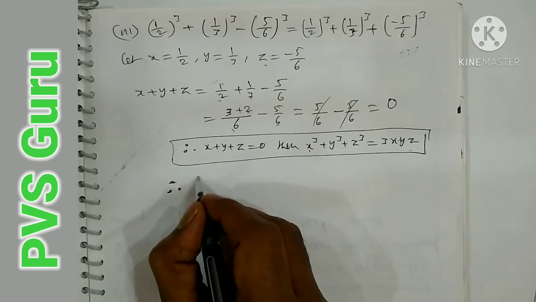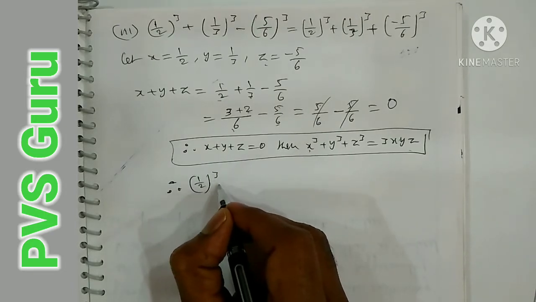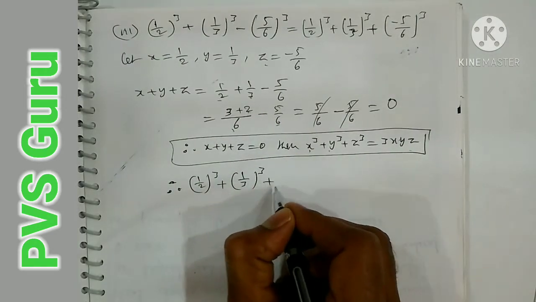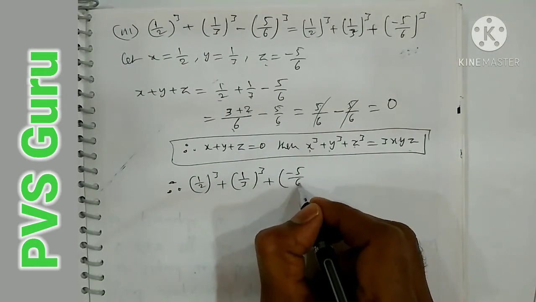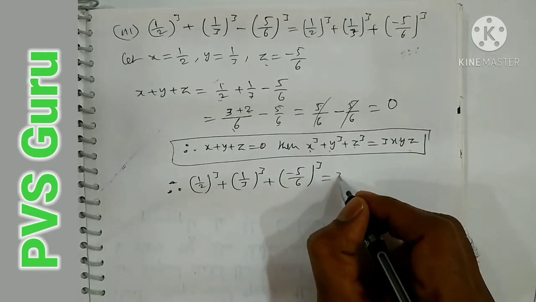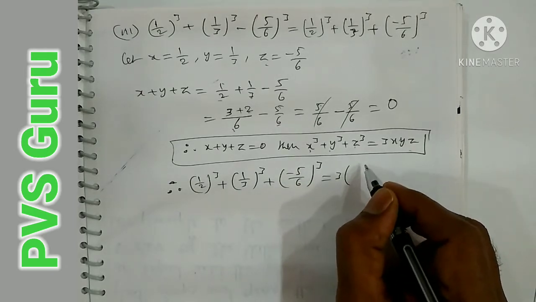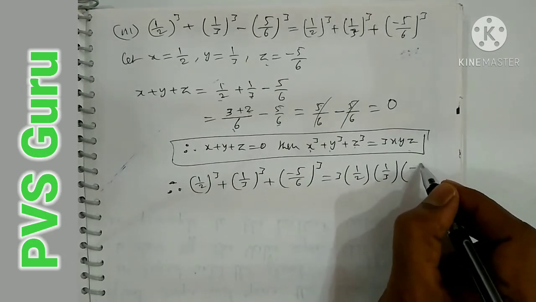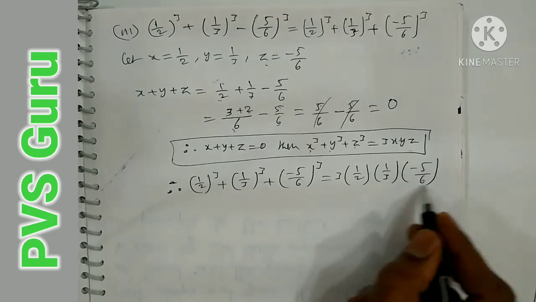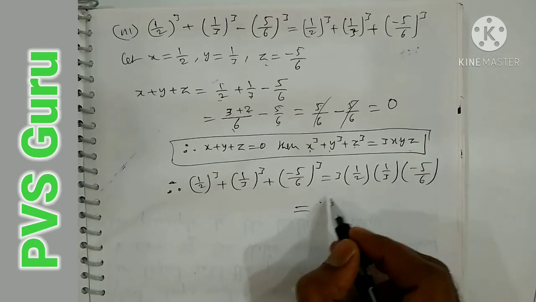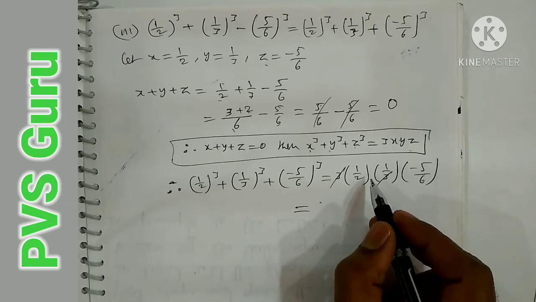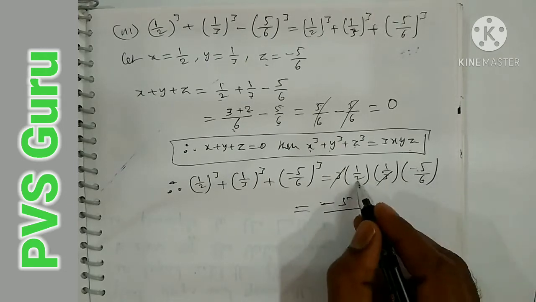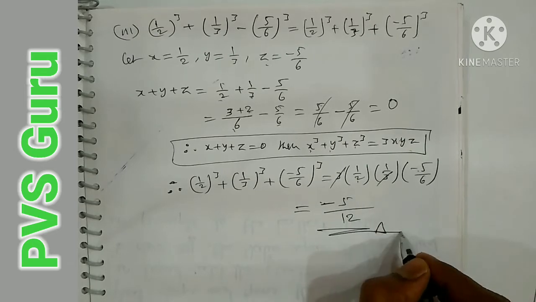Therefore x value 1 by 2 whole cube plus y value 1 by 3 whole cube plus z value minus 5 by 6 whole cube is equal to 3 into 1 by 2 into 1 by 3 into minus 5 by 6. Now simplify this value to get the answer. Here 3 gets cancelled. So minus 5 ones are 5 by 6 2s are 12. Minus 5 by 12 is the answer.